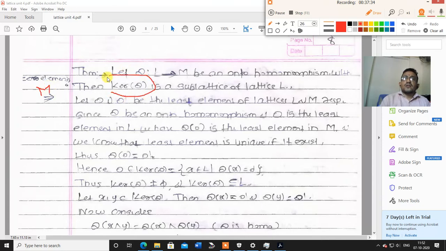Then the kernel of theta is a sublattice of lattice L.